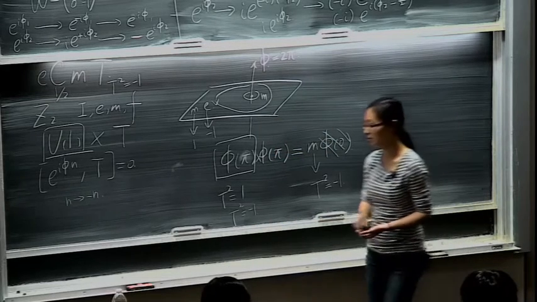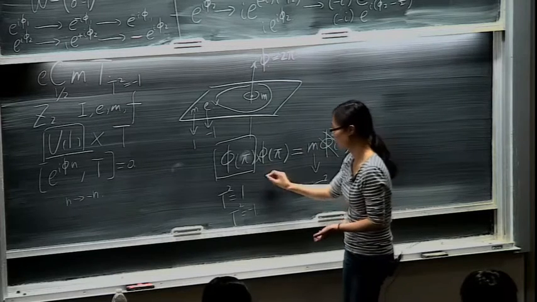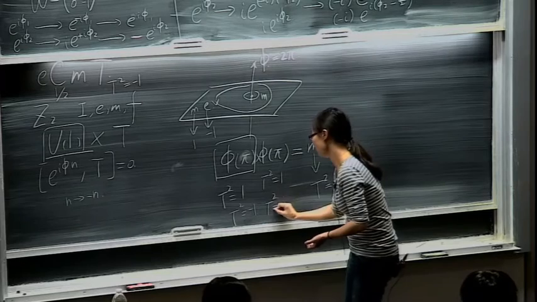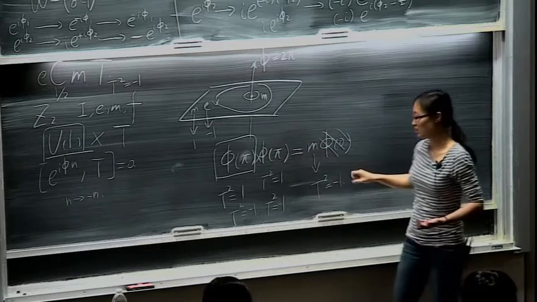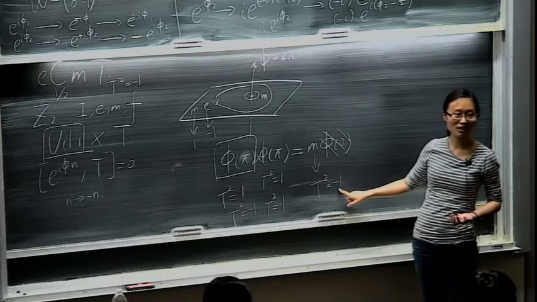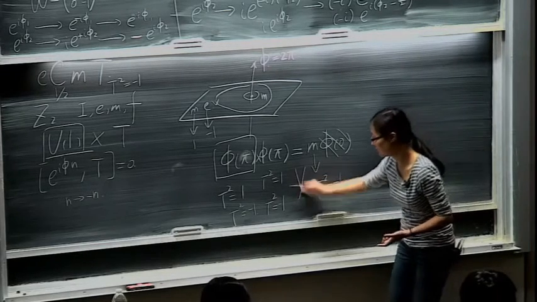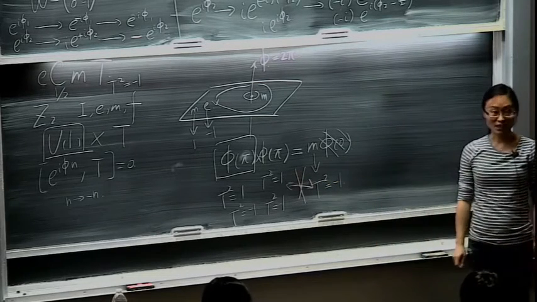But then there's a problem. On this side, we either have both of them being t squared equal to 1 or both of them being t squared equal to -1. But when they combine together, they should give you t squared equal to 1, not -1, right? So there's no way we can connect these two sides. And there's anomaly.